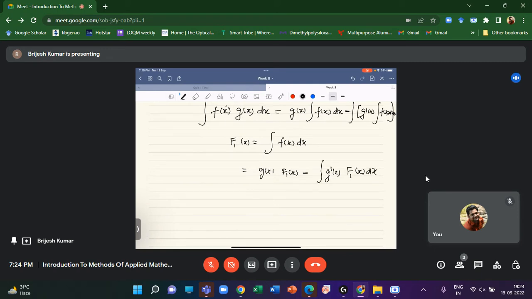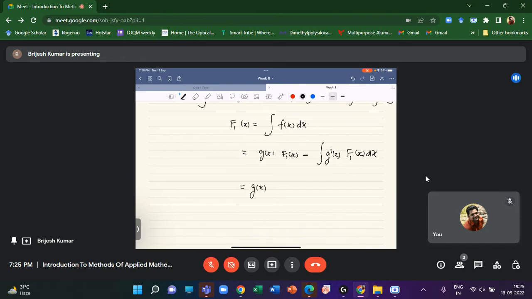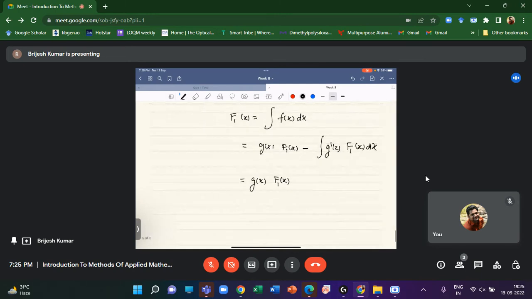Again, if you open this part, you will get g of x f1 of x minus g dash x times f2 of x, the integration of f1 of x dx, and this minus becomes plus the integration of g double dash x and the integration of f1 of x dx, and again dx for the whole.